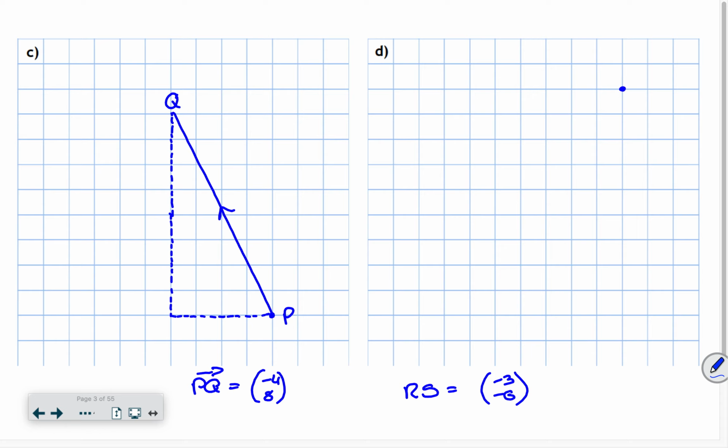So I'll start over here and we'll go 1, 2, 3, and then 1, 2, 3, 4, 5, 6. And that vector is going to look something like this. So it goes from R to S. And that is naming and drawing vectors.